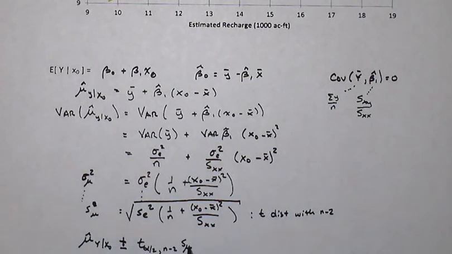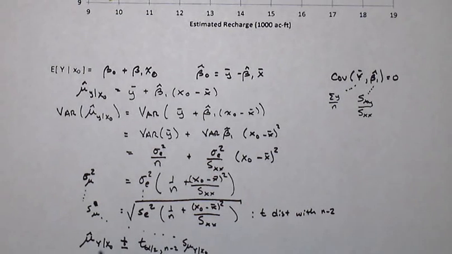That's why I wanted to use the shorthand notation, so I could keep this nice and simple like we've seen it before. This is really mu hat sub y given x naught, and that's what gives you the confidence interval on the mean response.